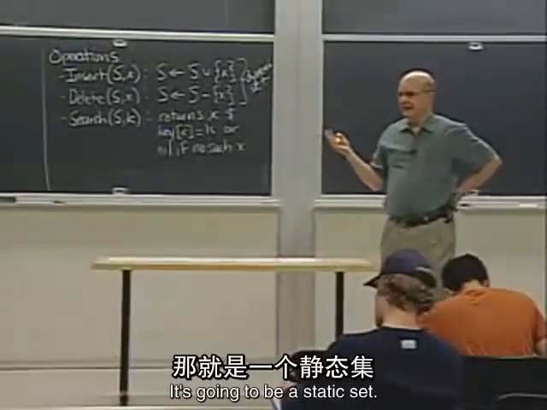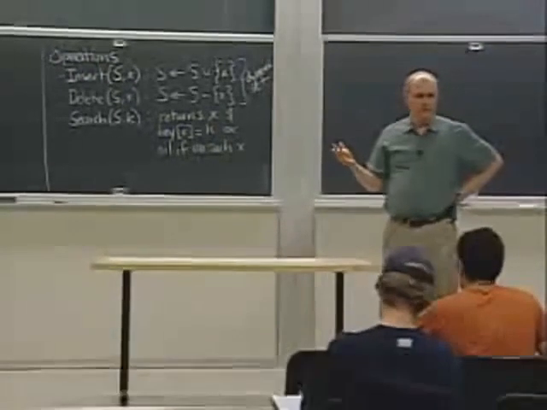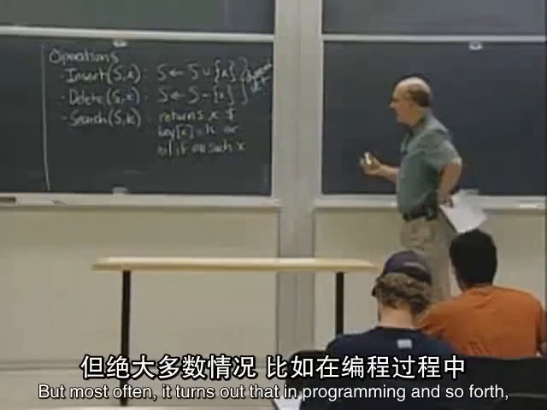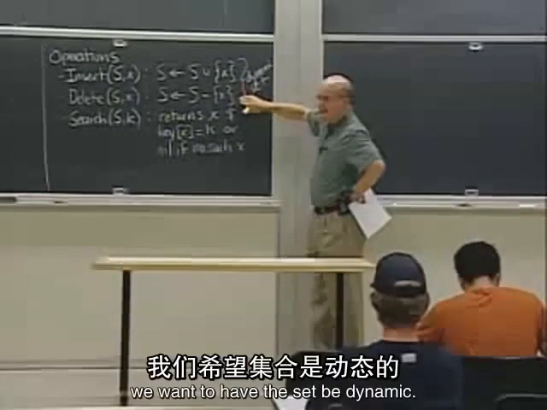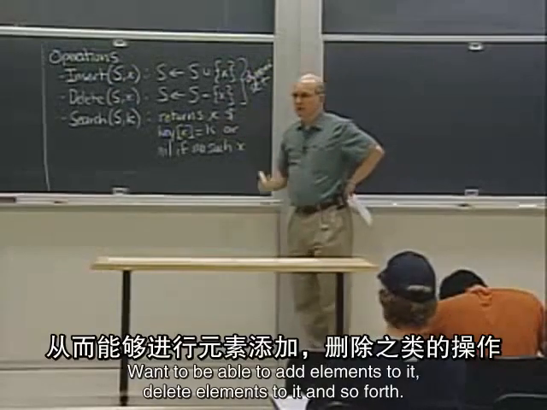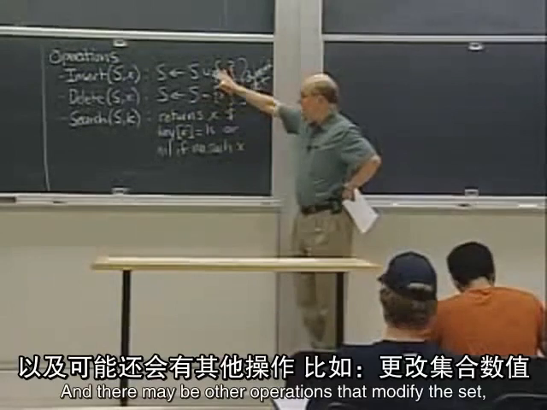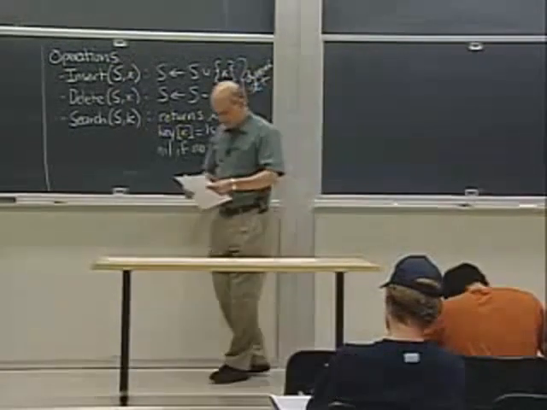It's going to be a static set. All you're going to do is do things like look it up and so forth. But most often it turns out that in programming and so forth, we want to have the set be dynamic. We're going to be able to add elements to it, delete elements from it, and so forth. And there may be other operations that modify membership in the set.